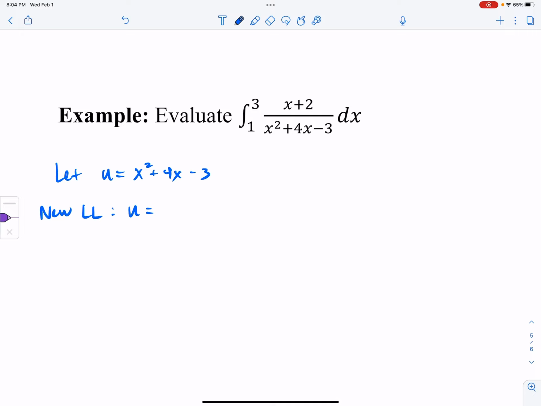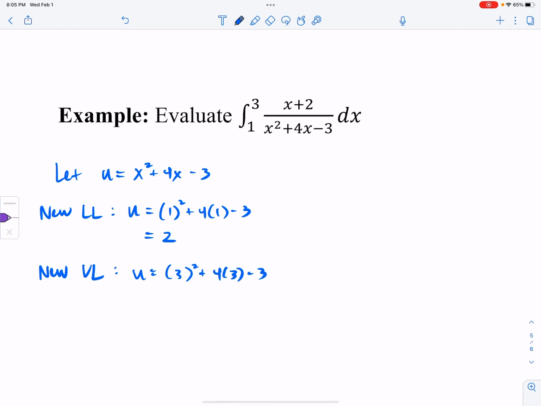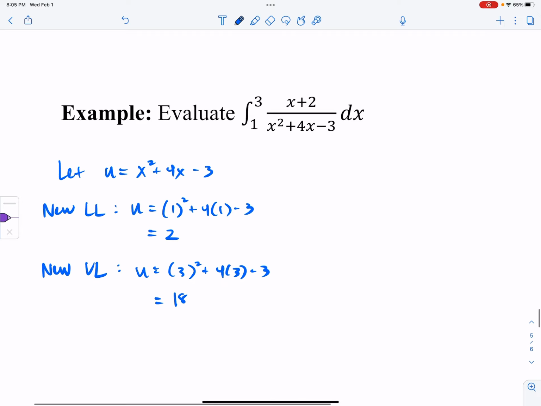And we find that new lower limit by plugging 1 in for what we let u equal to. So we get 2, and then our new upper limit is 18.